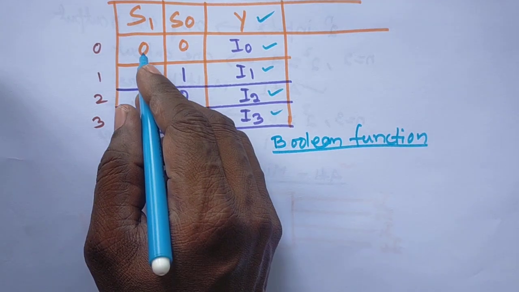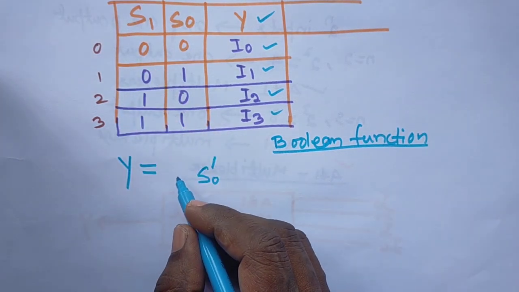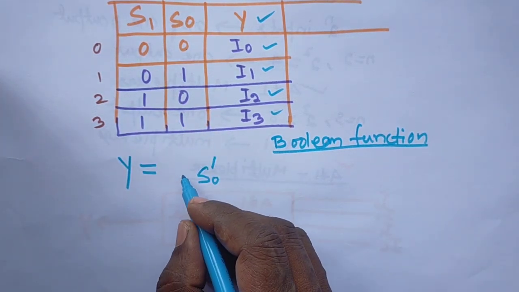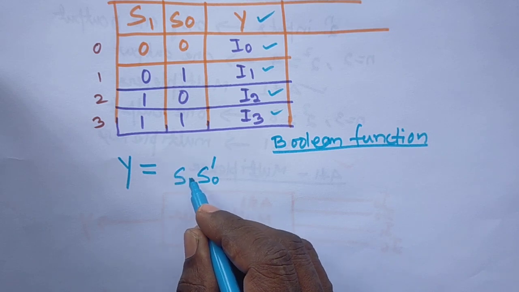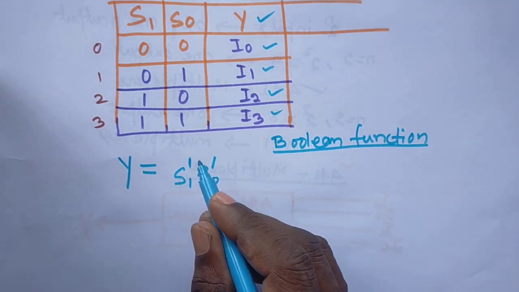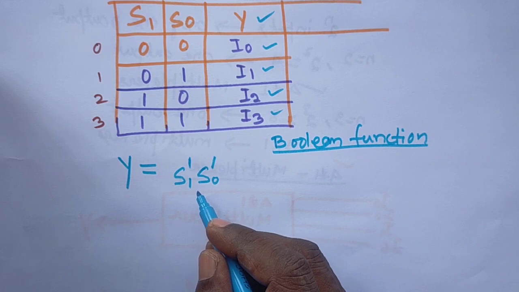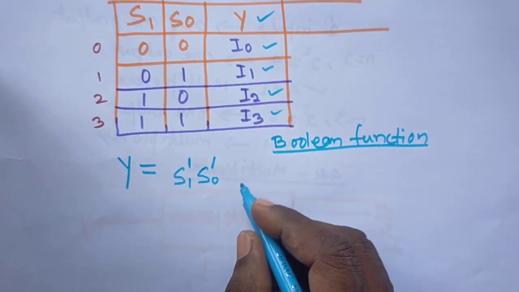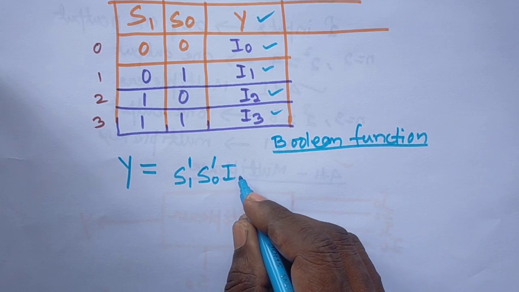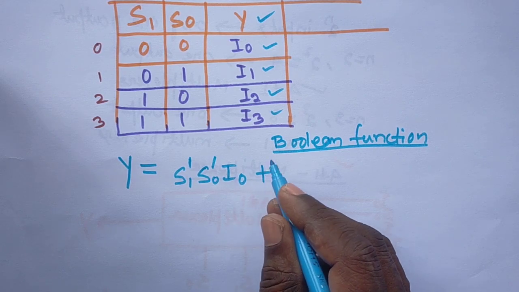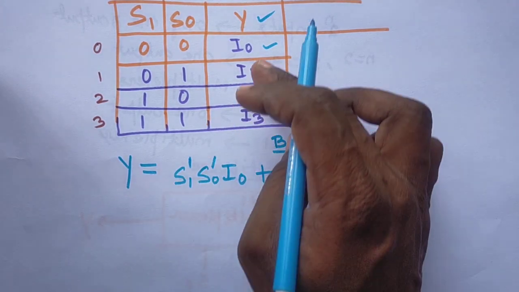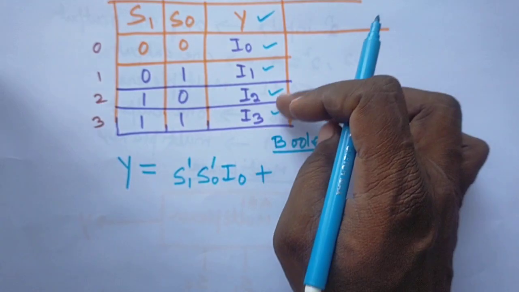Similarly, S1 is 0, so we also consider this the complement of S1, S1 dash, or complement you can write. This is combined with I0. We can write this as I0. This is one part, because Y is not only this part, it is combined with all.